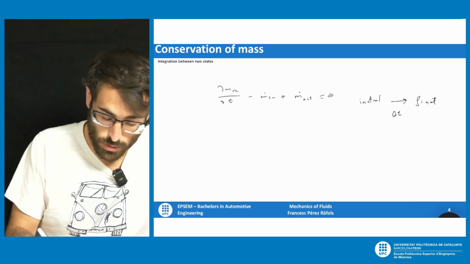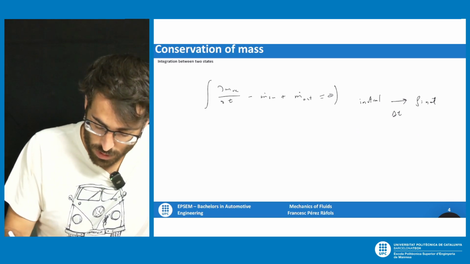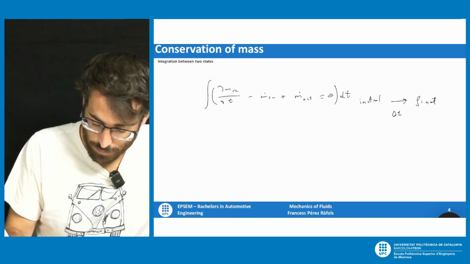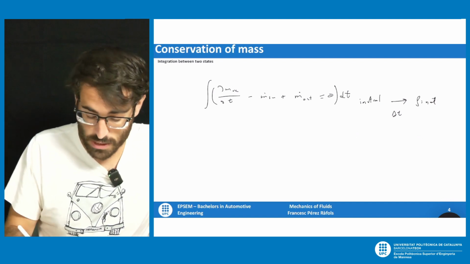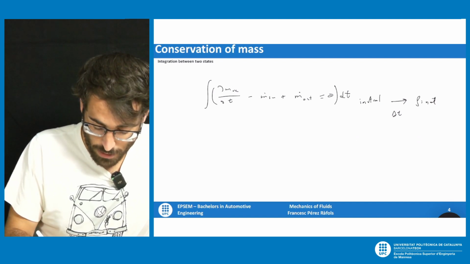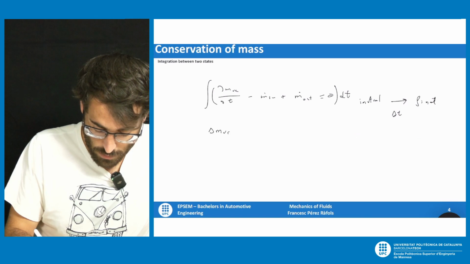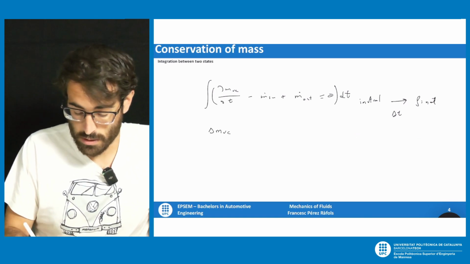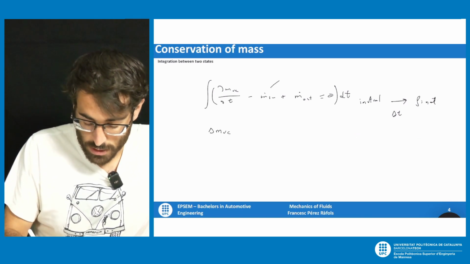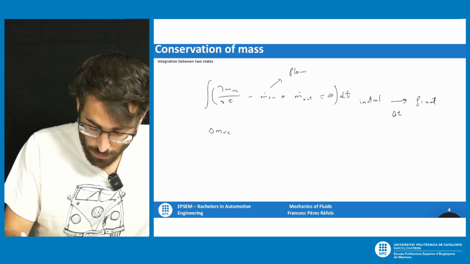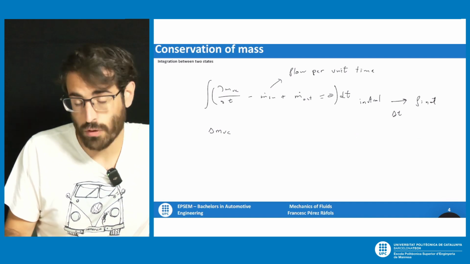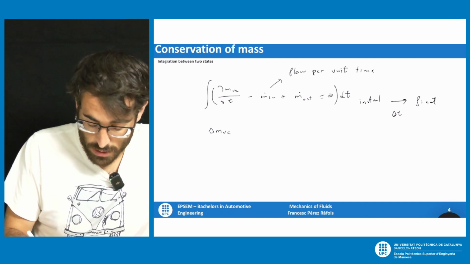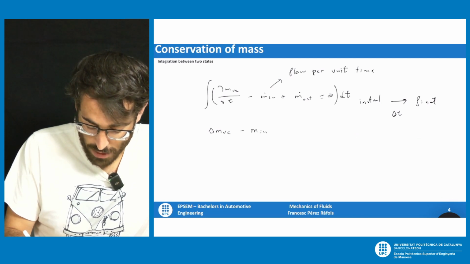In this case, we can integrate this whole equation as a function of time. The first term is just the integral of the derivative in time, so this will simply be the change in mass between the initial and final state. Then remember that the mass flow is per unit time, and therefore, if we integrate it over time, this is simply going to be m in.